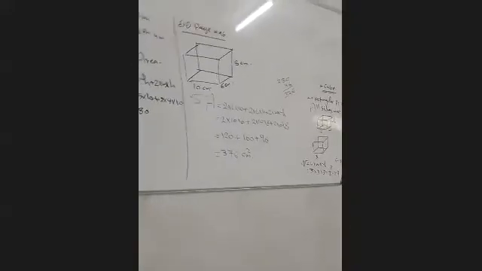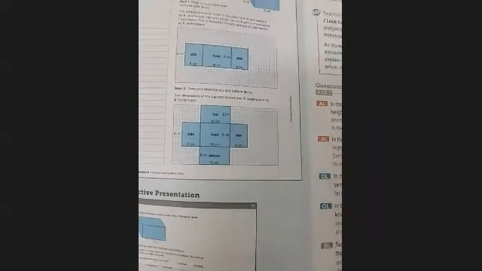This is example 1. Now let's go to the book. What did the book do, guys? The book cut all the faces. See how many faces we have here in the book? 1, 2, 3, 4, 5, and the one behind, 6.